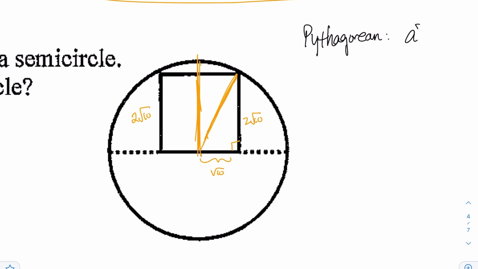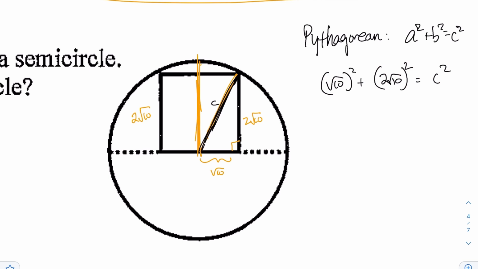And this is actually one of your special right triangles, or just a right triangle, so you can do Pythagorean. So it would be a squared plus b squared is equal to c squared, where the hypotenuse is equal to c. So it's square root of 10 squared plus 2 root 10 squared is equal to c squared. Square root of 10 squared is 10. Here, if you apply the distributive, it will be 2 squared times 10, or 40.